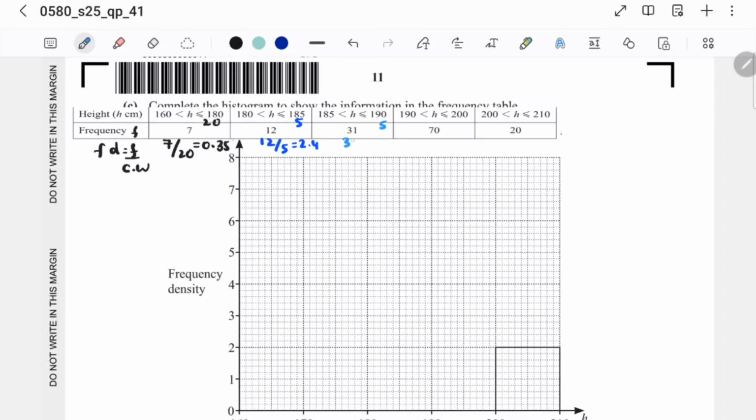So that is 31 over 5, which equals 6.2. The next one is 190 to 200, class width 10. So 70 over 10 equals 7. And the last one, 200 to 210, is also 10. So 20 over 10 equals 2.